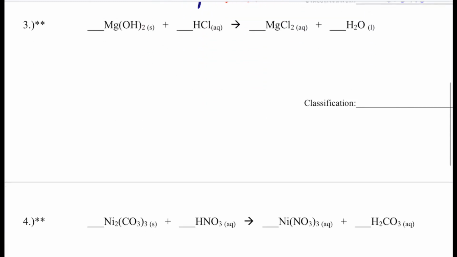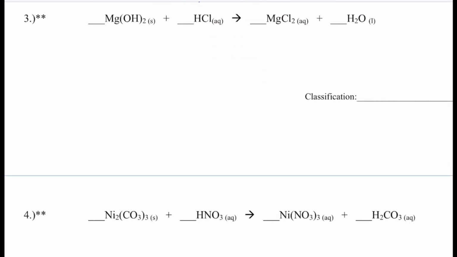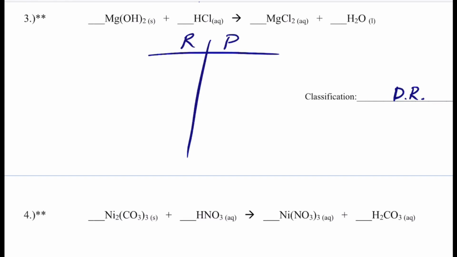Okay, we'll move on to this next example. I've got magnesium hydroxide plus hydrochloric acid in a double replacement reaction. I'm going to go ahead and make my T-chart. And this example is really great because it shows you polyatomic ions. If I have hydroxide on one side, I need to make sure I have hydroxide on the other side.